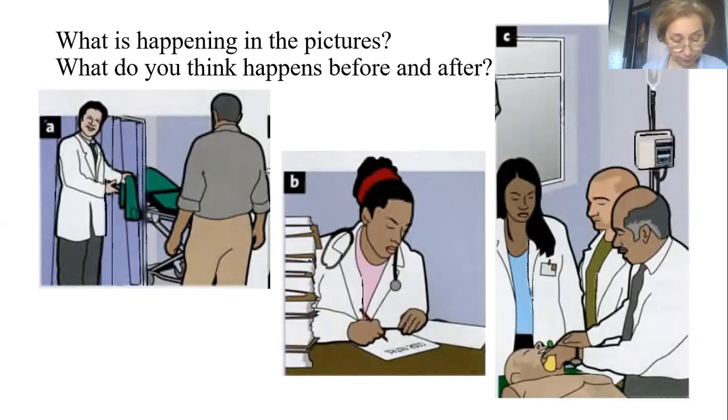And so what do you think he did before these actions? Well, before he just takes the blood pressure. He takes the diagnosis of the patient. He just diagnosed the patient, take the blood pressure and temperature, for example.